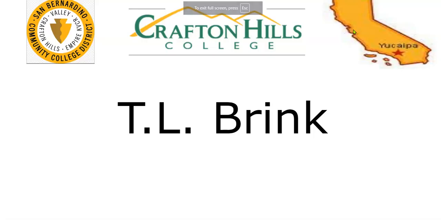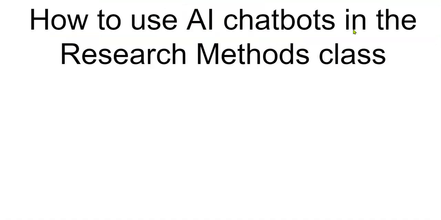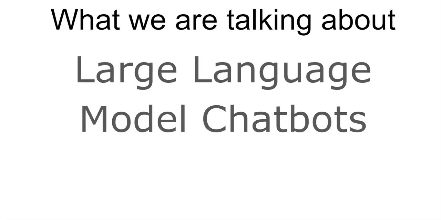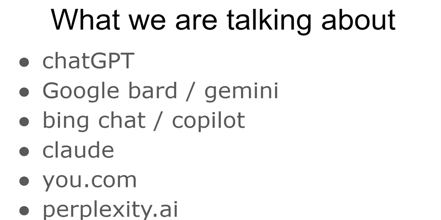I am T.L. Brink, and today we're talking about how to use AI chatbots in my Research Methods class. Specifically, what we're talking about is the use of large language model chatbots.